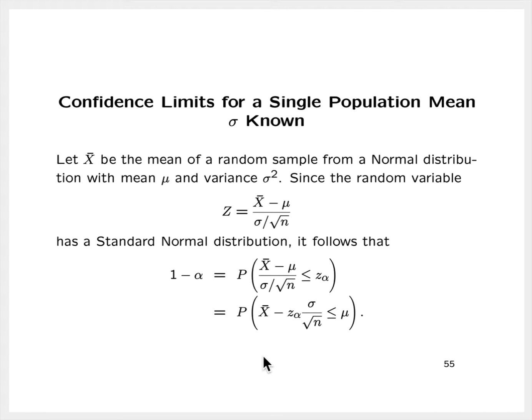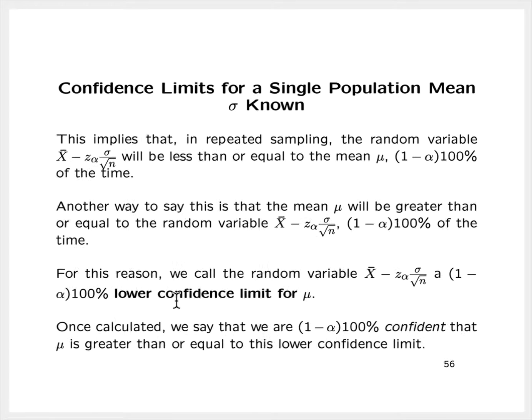Having said that, and knowing that the probability of this event is equal to 1 minus alpha, that implies that in repeated sampling, the random variable given by x bar minus z sub alpha times the standard error of x bar would be less than or equal to the mean mu 1 minus alpha times 100% of the time.